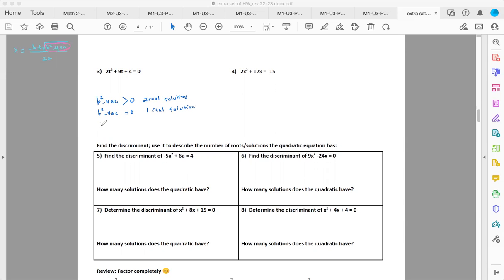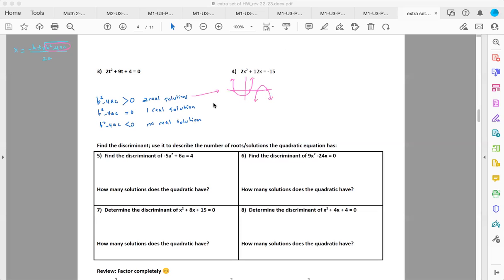And if b squared minus 4ac is negative, we have no real solutions. What does this look like graphically? When you have 2 solutions, you have a parabola that looks like this, or it could be upside down, it doesn't matter. The point is that it's going to cut the x-axis at 2 different points. That's what 2 real solutions means.